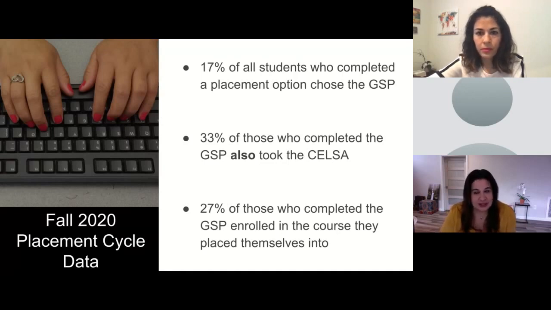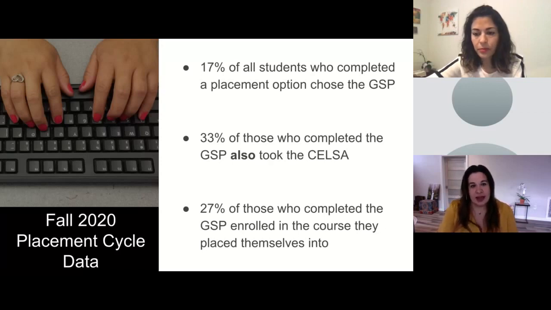In addition to the KELSA, we're piloting the guided self-placement, and that's what we'll talk about in a little bit. But students are given the option. They can either take that grammar test or go through the guided self-placement process, both of which will give some idea, not really recommendations, but some idea of the level of the classes that might be appropriate for them based on how they've seen themselves in either the test or in the guided self-placement process.